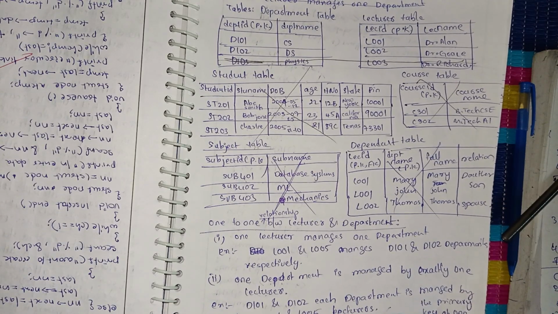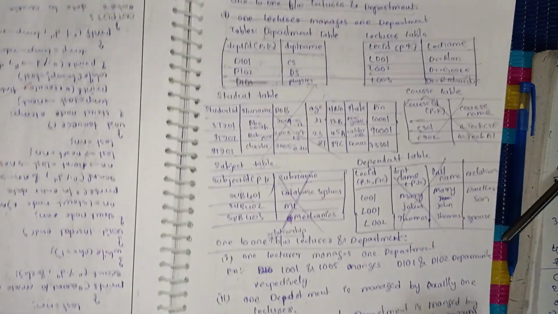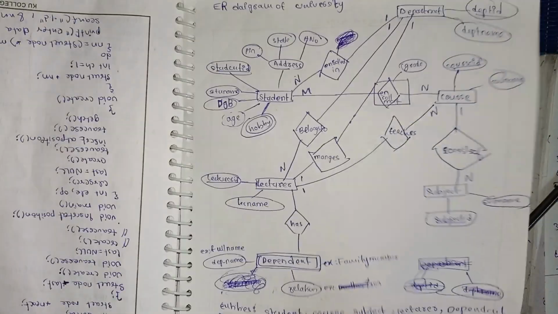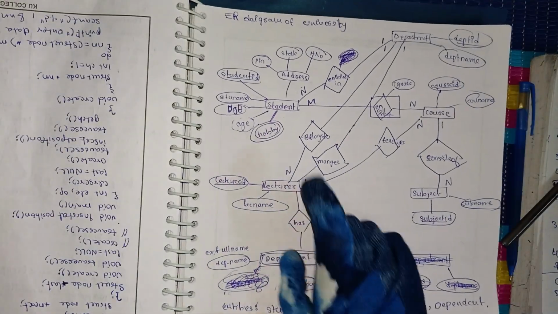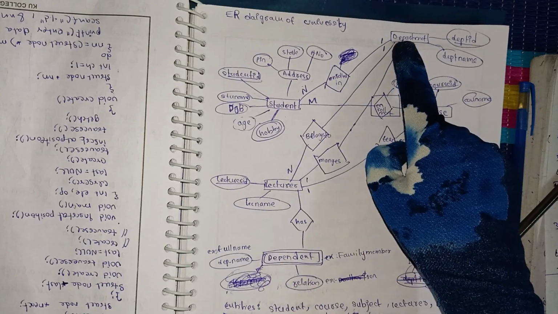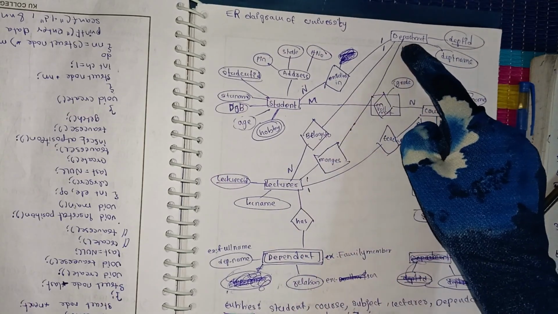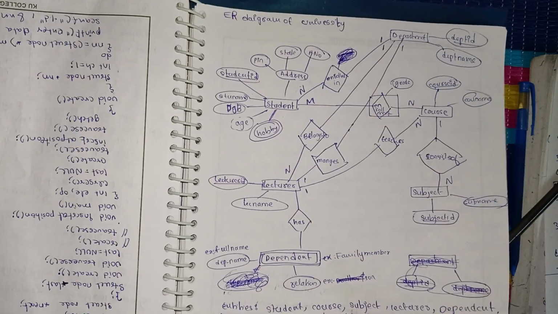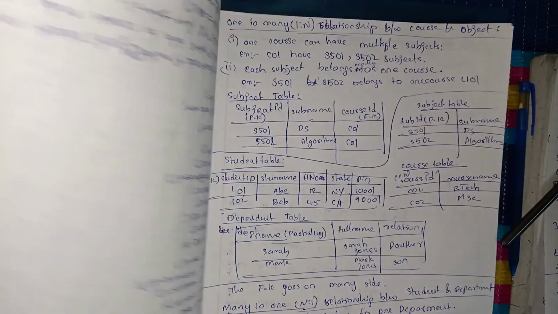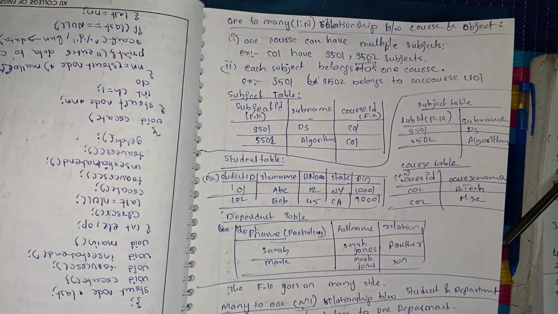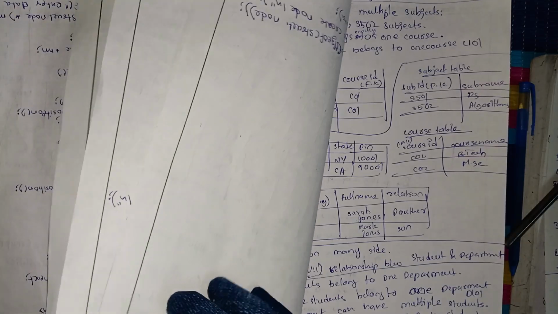So in the case of lecturer and department, we have a one-to-one relationship: lecturer manages department. Here is the explanation.